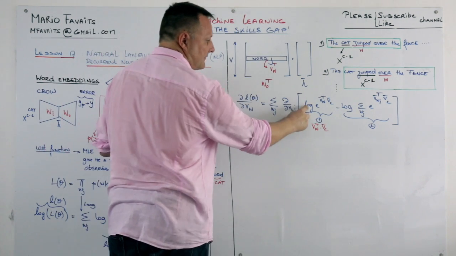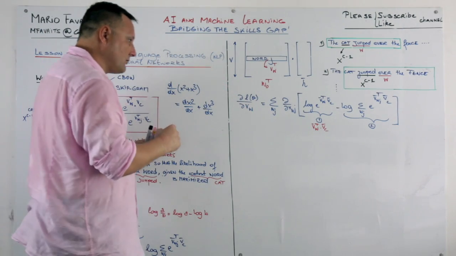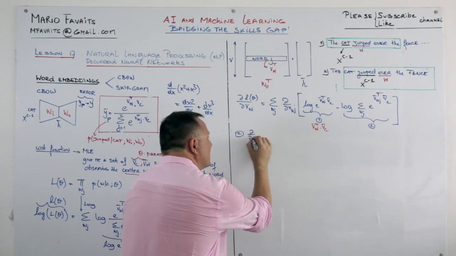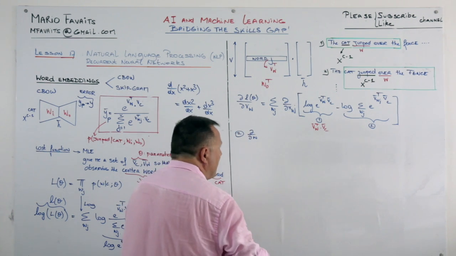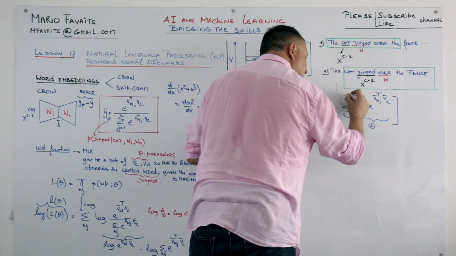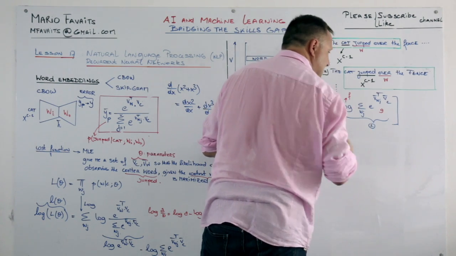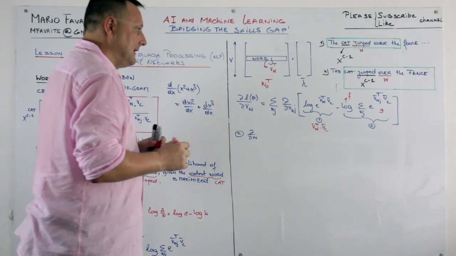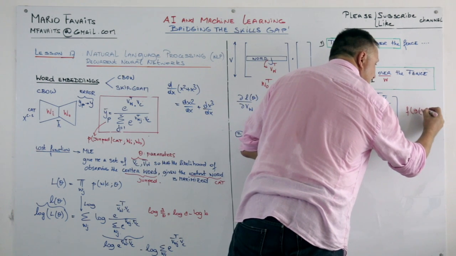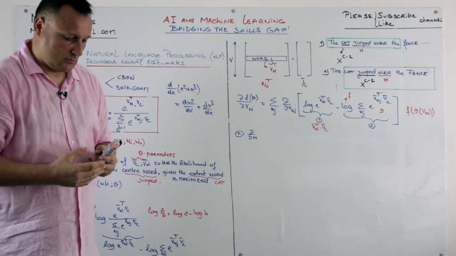For the second one, we call this F and this G, where F is a function of G of Vw, and this calls for the chain rule.